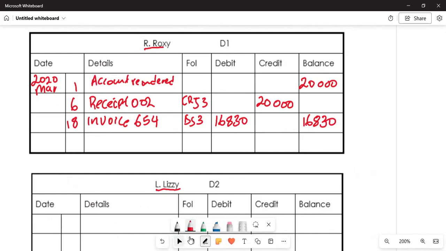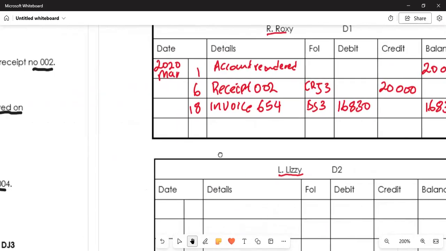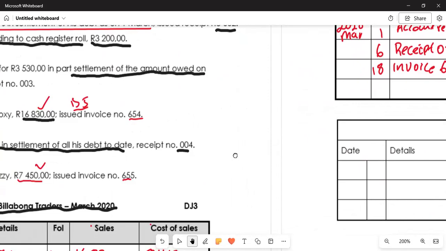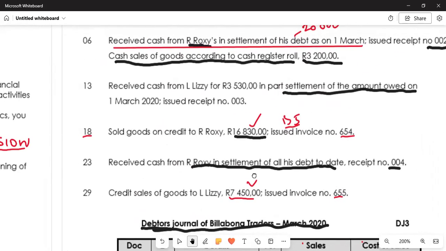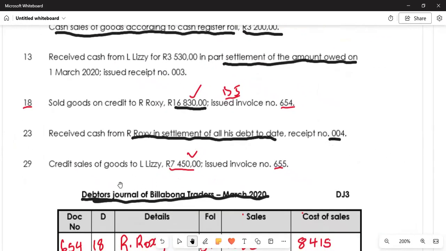Now we are moving on to see what other transactions are going to affect the debtors ledger of Roxy. Now you can see on the 23rd, we are given that we received cash from Roxy in settlement of all his debt. So what is his debt?